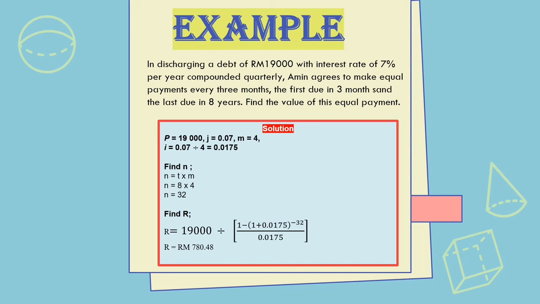Then we will get the equal payment, which is 718 ringgit 48 cents.